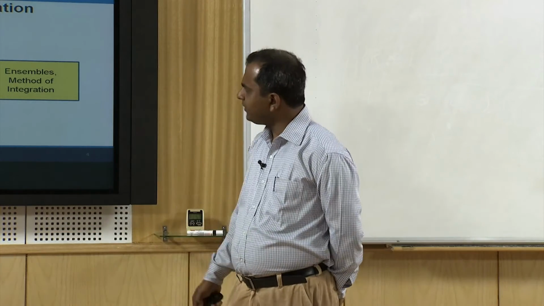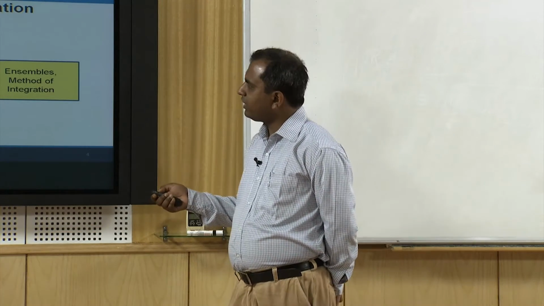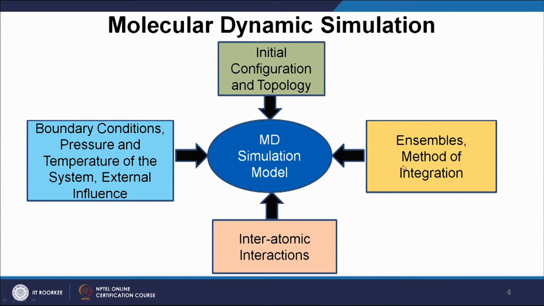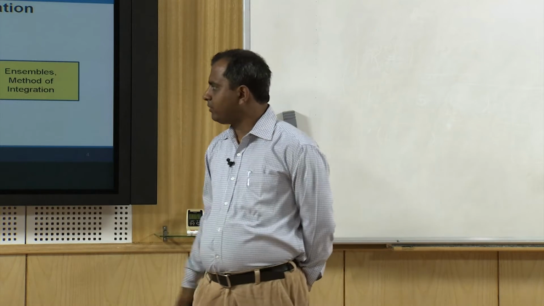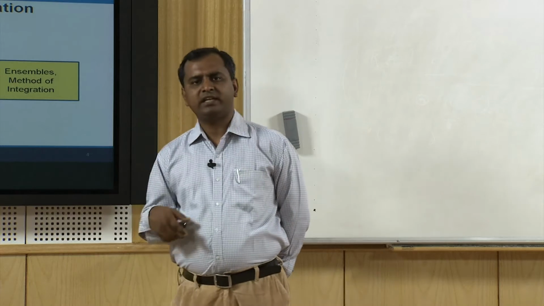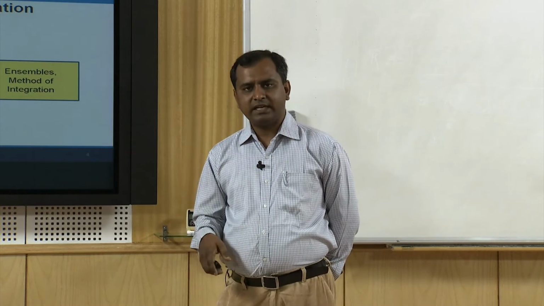Then we need to decide what interatomic interactions we are considering. Different molecules apply forces amongst themselves, so there are different interatomic interactions, whether that is Coulombic interaction or Lennard-Jones potential type of interaction.